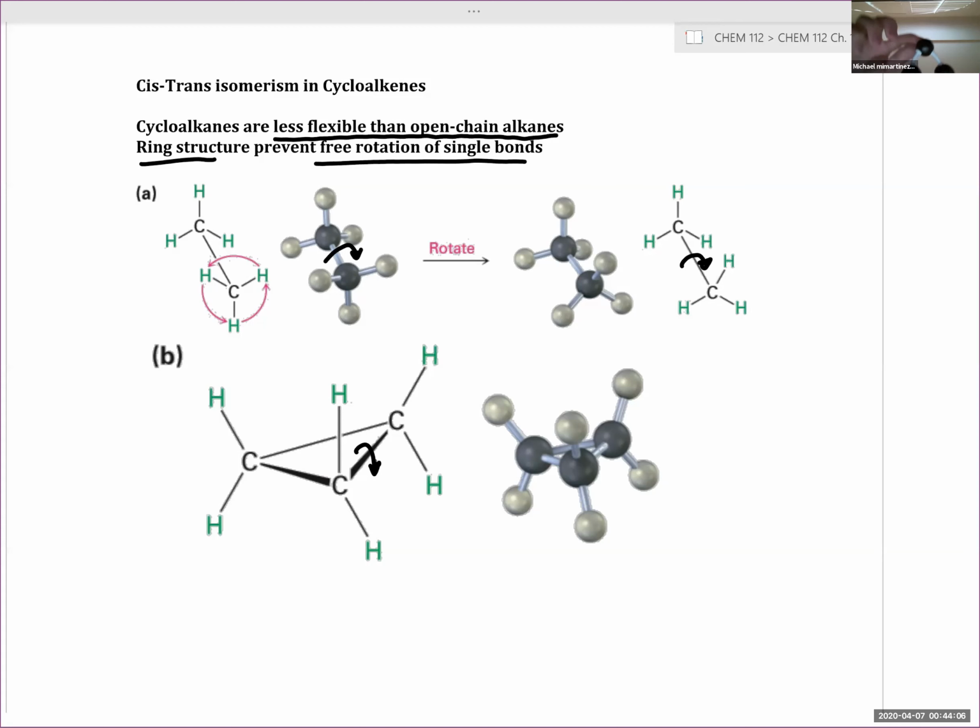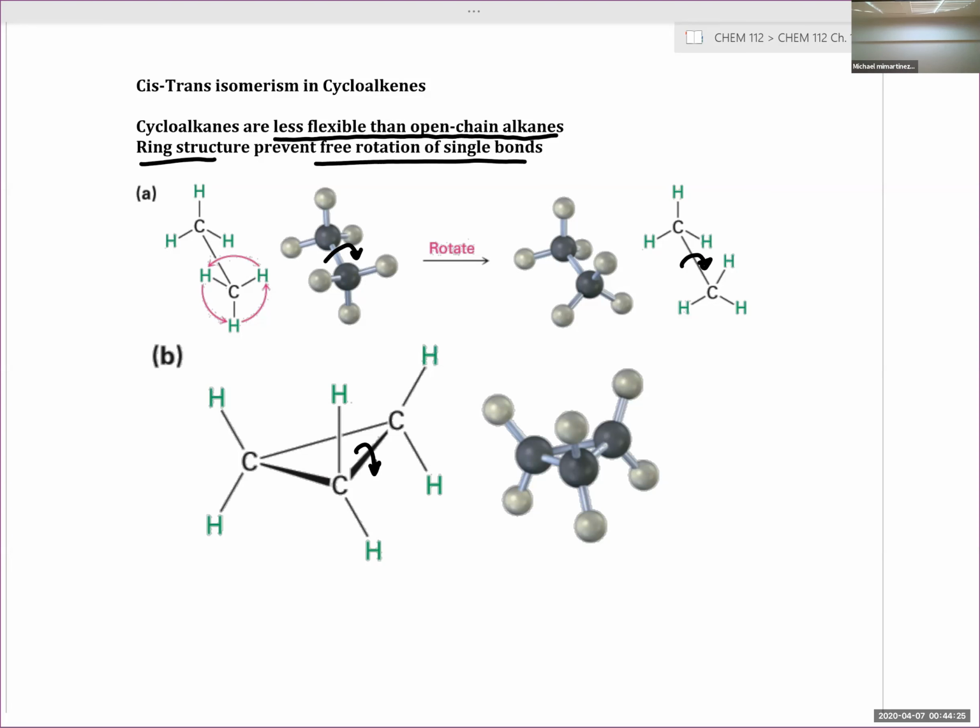Okay, so here's an example of cyclopropane. Now, if I try to rotate my carbon-carbon bond, it's quite difficult to rotate it without breaking a carbon-carbon bond. Cyclic systems are a lot less flexible.